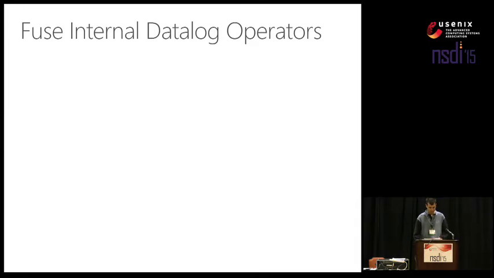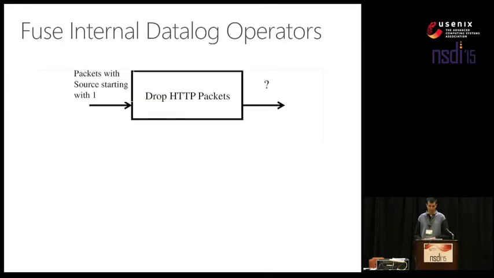Let me give you a quick example. Imagine that we have a router that is dropping HTTP packets, and the input for this router is all packets that start with 1. Let's assume that packets only have 3 bits for now. The first thing that these Datalog engines will do is represent the input as a table of 1 star star.